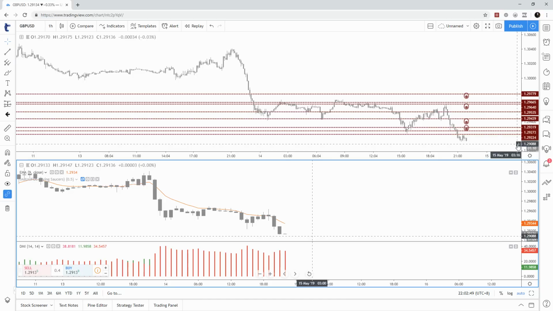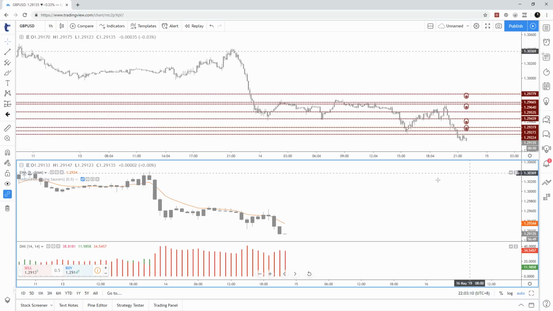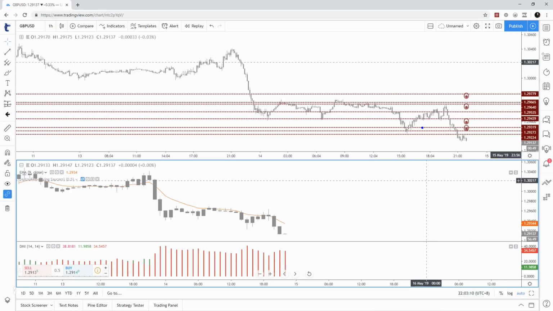The entry is gonna be 129.22, with a stop located at 129.44, and we need to add a little extra, so I'm gonna make it 129.48. Let me write it for you.